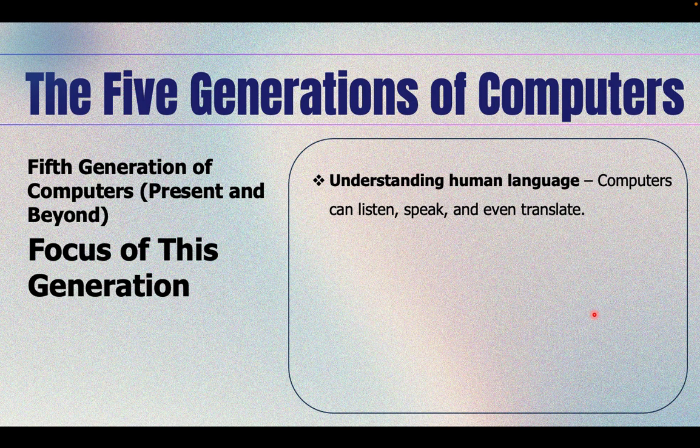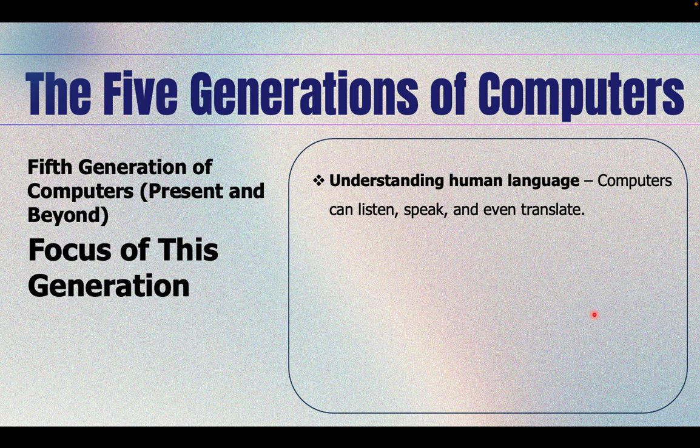The focus of this generation, the fifth generation, is understanding human language. The computer is now created to understand human language instead of coding and pointing. The computers can speak back to us, as demonstrated with the device here, and they are even able to translate.